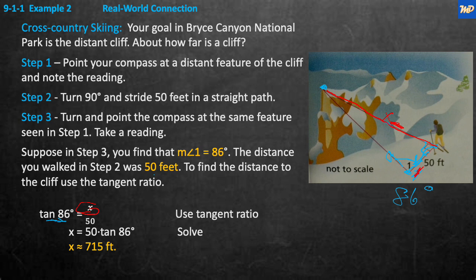But in most cases it's going to be dot something, something, something out for who knows how far. So to the nearest foot, it's approximately 715 feet. And we didn't have to do anything other than the 50 feet that we marched off and a couple of compass readings.